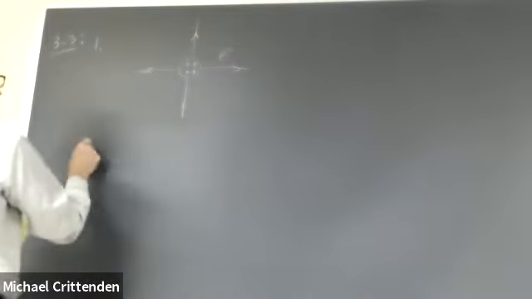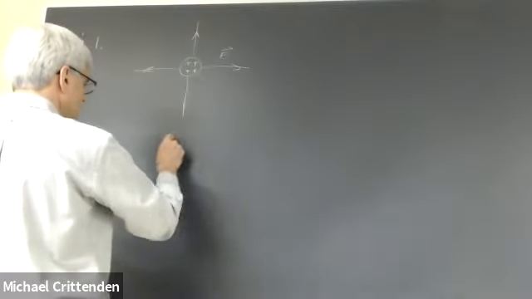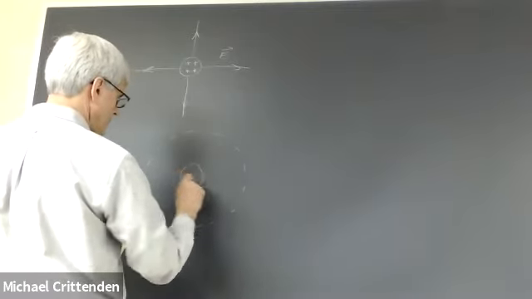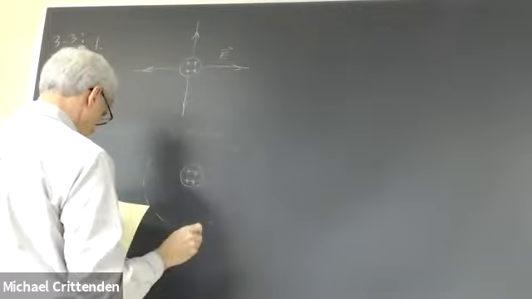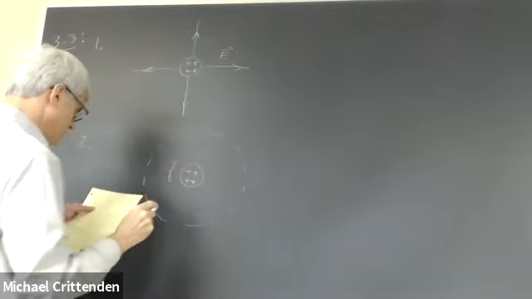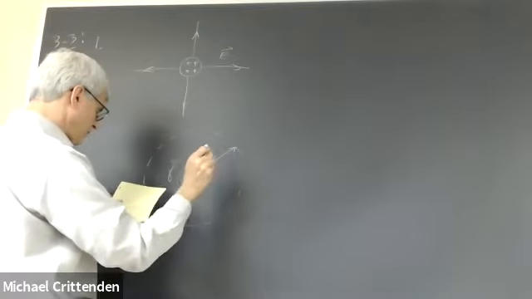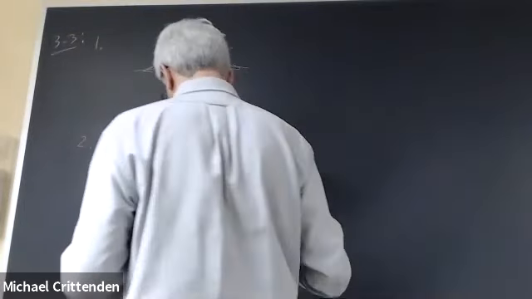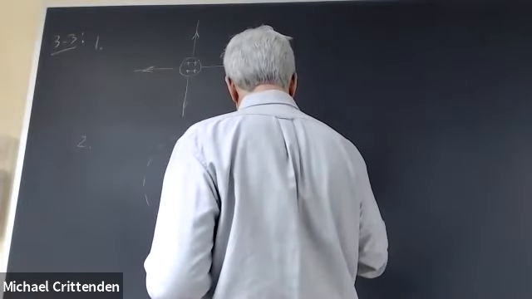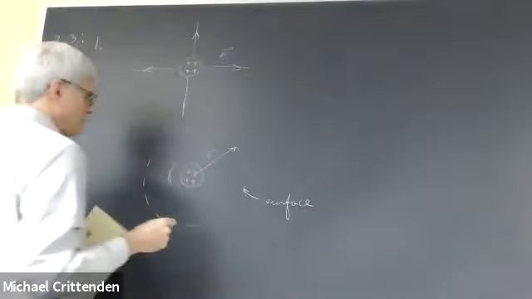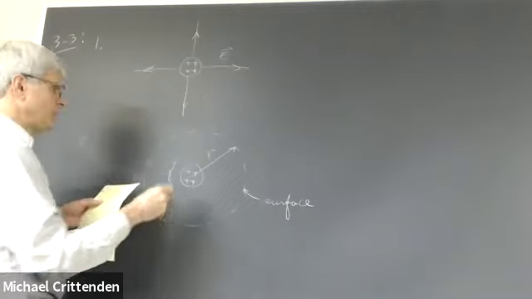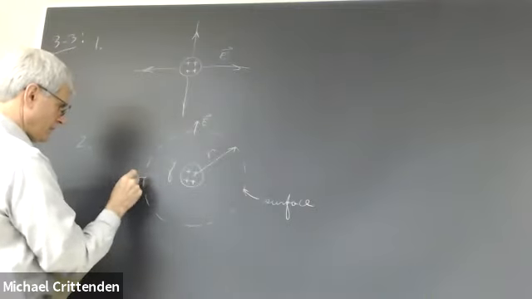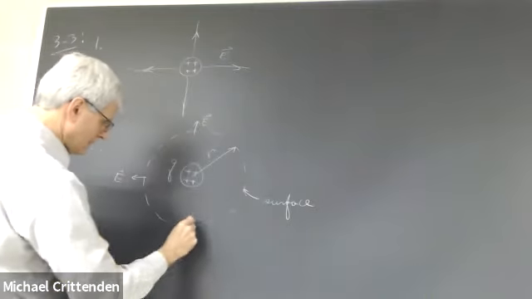So step 2, there's our charge Q. We imagine a surface of radius r around it. And as we already decided back in step 1, at any point on the surface, the field points radially outward like that.